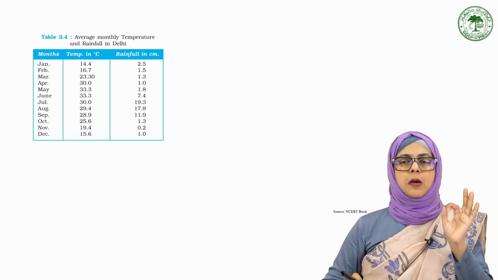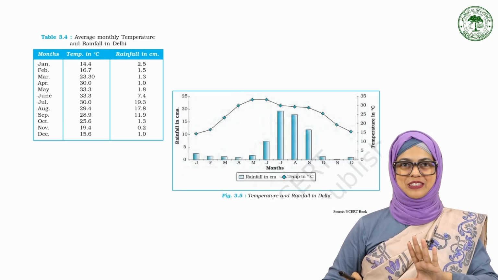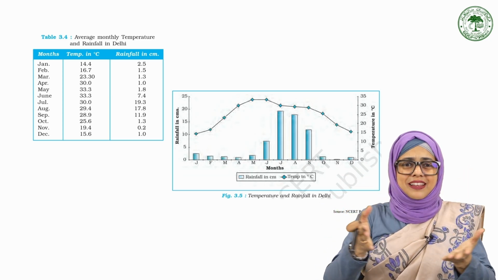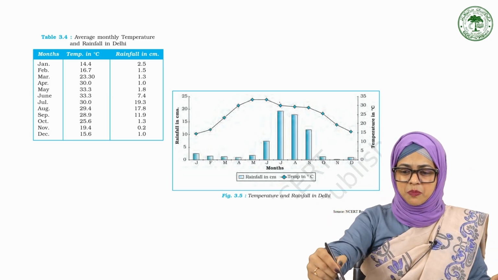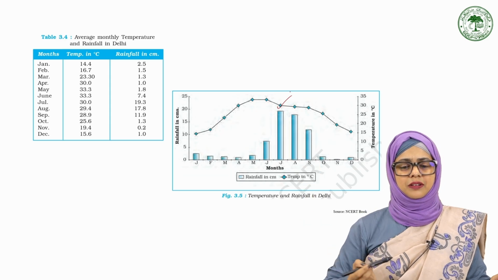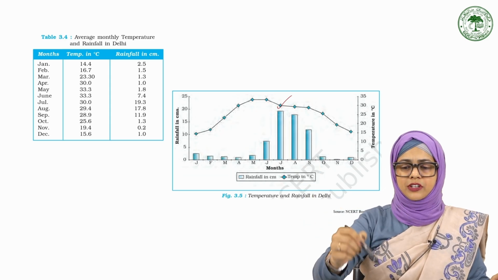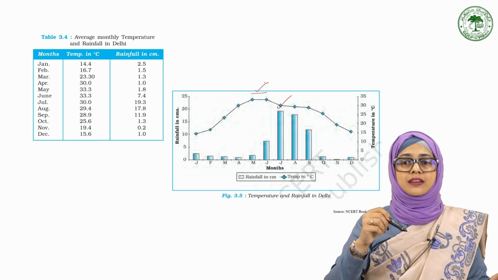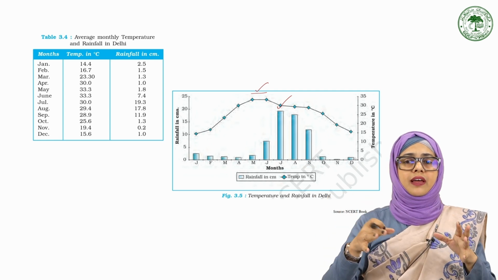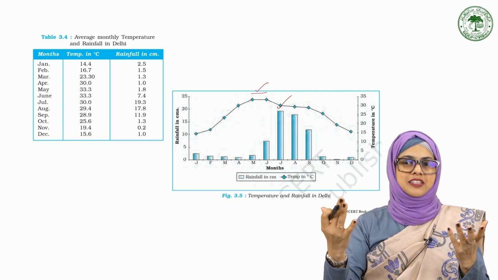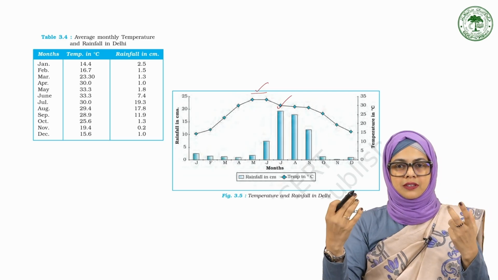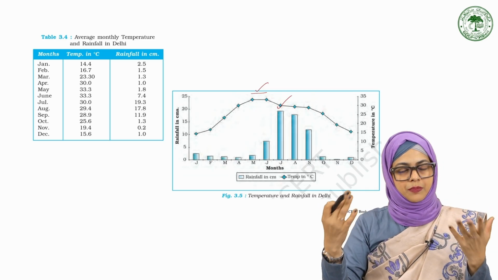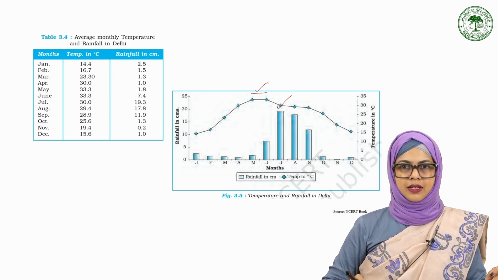But the moment I show you this, you're not even looking at the figures. It's just that yes, this month has the highest rainfall or highest temperature here. In fact, both the bar graph and the line graph are shown simultaneously, and this tells us that two variables can also be visualized and represented.